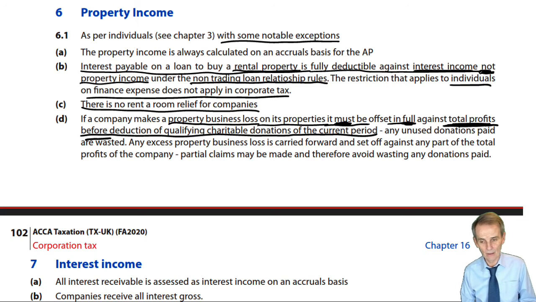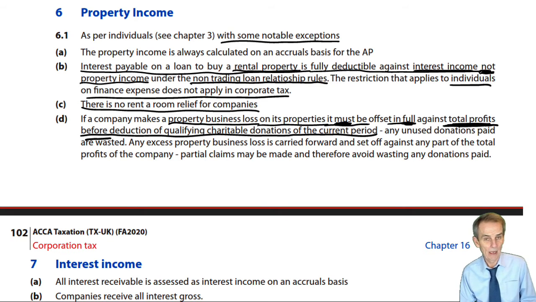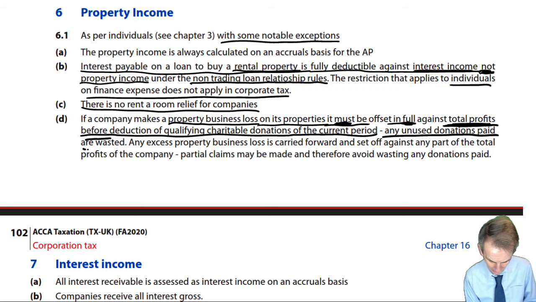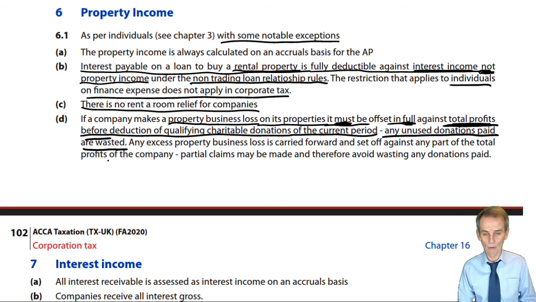That would mean that if that loss was bigger than that total profit figure, it's unlikely that that would be the case, but if it were, then there's nothing to deduct the qualifying charitable donations from, so any unused donations paid would be wasted. Either you get the relief in the current period for the donation paid, or if there are no total profits that remain to deduct it from, then it is wasted. There's no tax relief. You can't carry it forward, you can't carry it back.